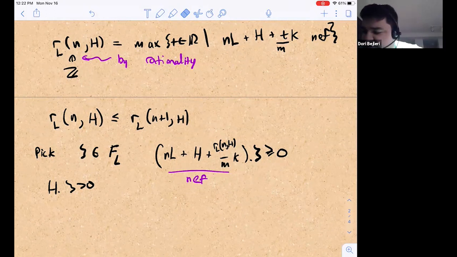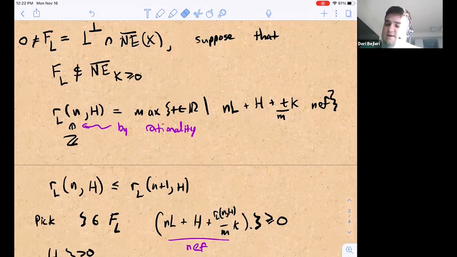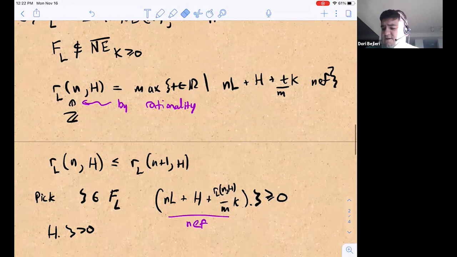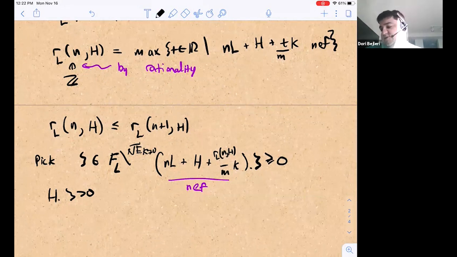Right. We want to pick our psi. So here's where we use this assumption that F_L is not contained in the K-positive cone. So we can pick some psi that's in F_L and in the negative part. So pick some psi that's in this face and that's away from the K-non-negative part. Okay, great. So now we know that H times psi is greater than 0.